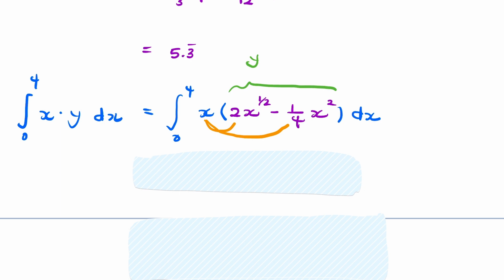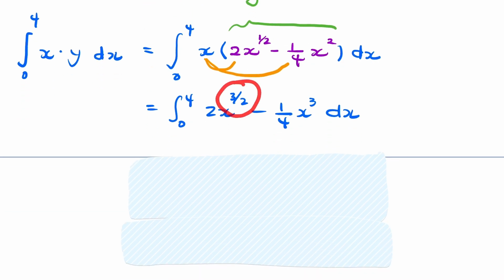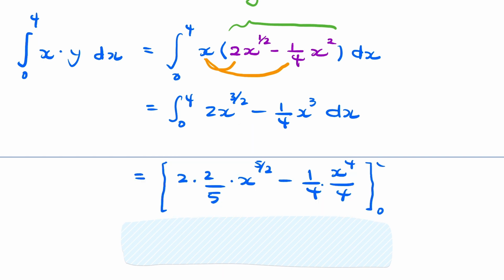So you have x multiplied by 2x to the power half. You add the powers. 1 plus a half is 3/2. And then x times x squared is x cubed. And now we can integrate. So you add 1 to 3/2, that gives you 5/2.